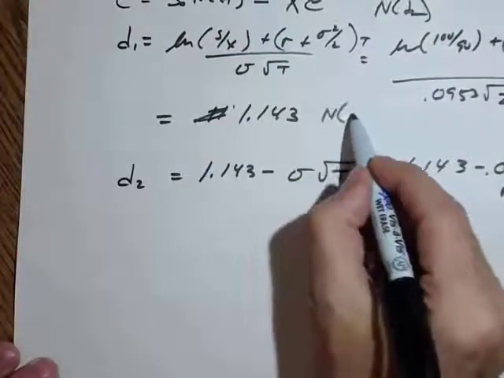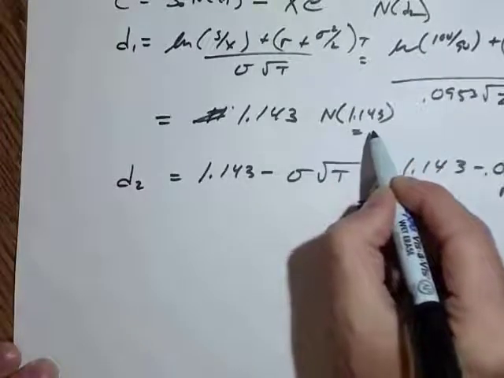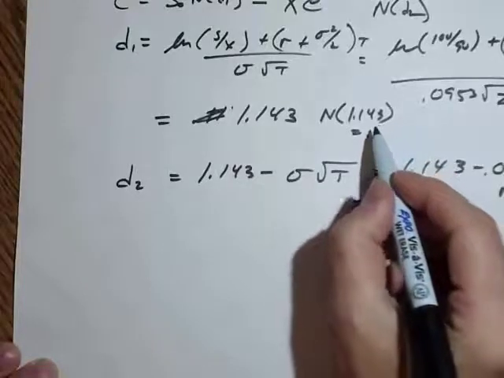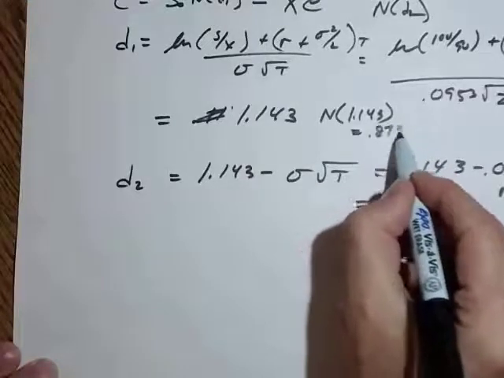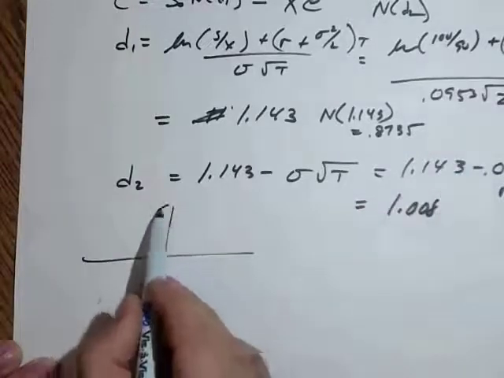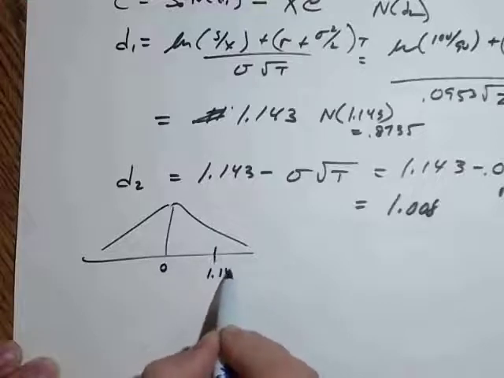Now, drop this into the cumulative normal density function. The cumulative normal density function for d1 will be 0.8735. So remember, that's the cumulative area under here. So this is 0, this is 1.143.